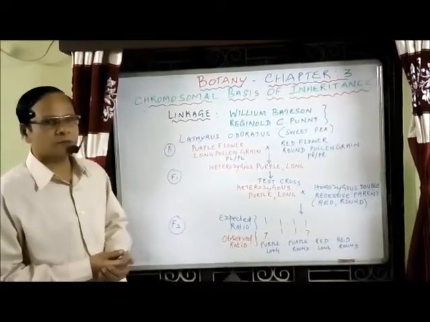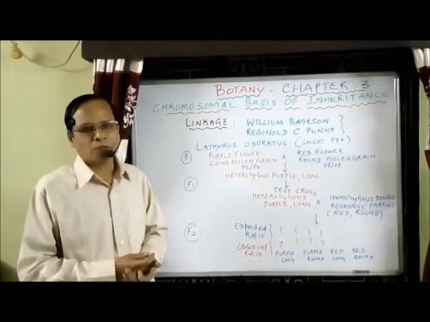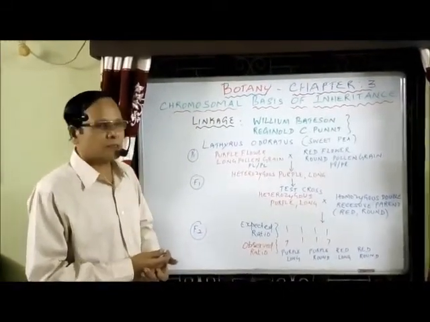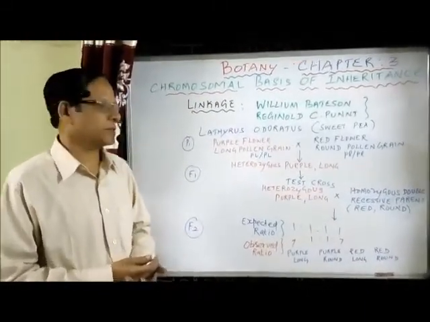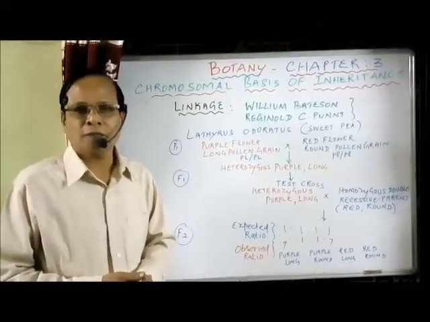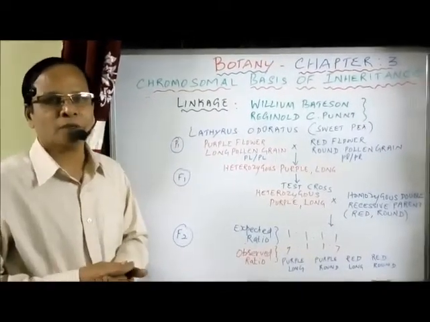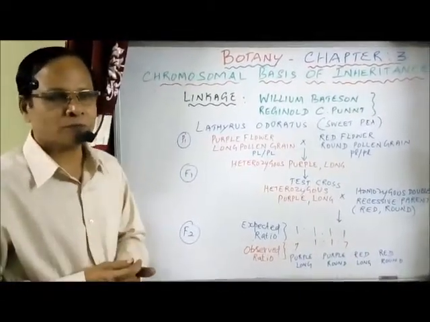Now let us have a concept, linkage. What is linkage and how has it happened, when is it possible. Normally, the genes which are the determinants of characters are carried on the chromosome.